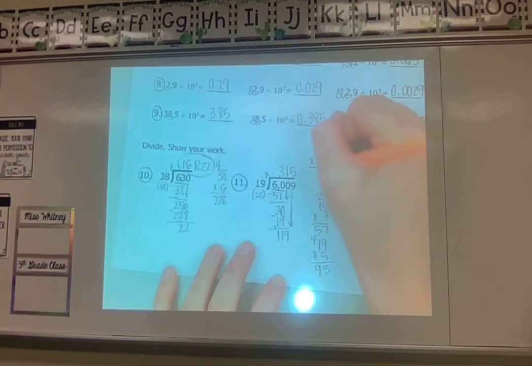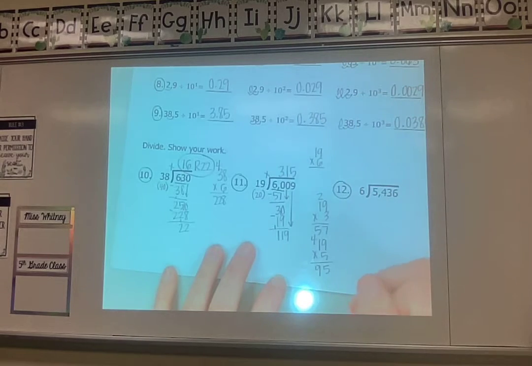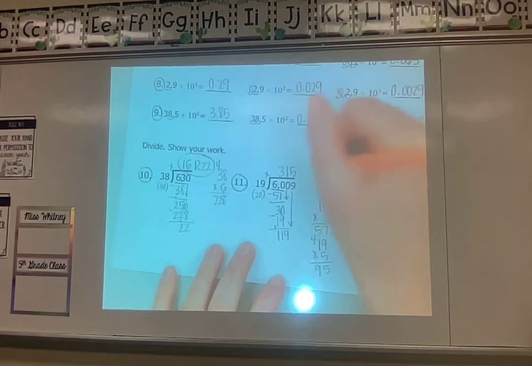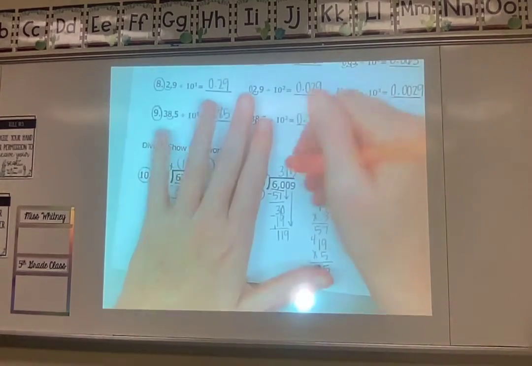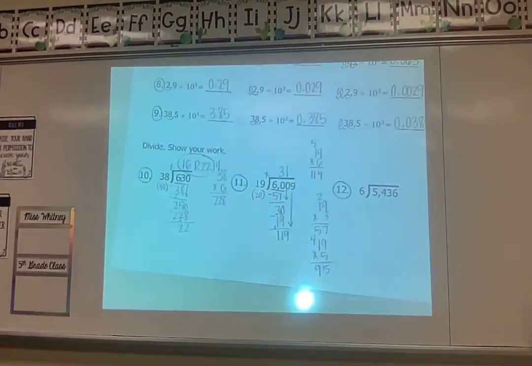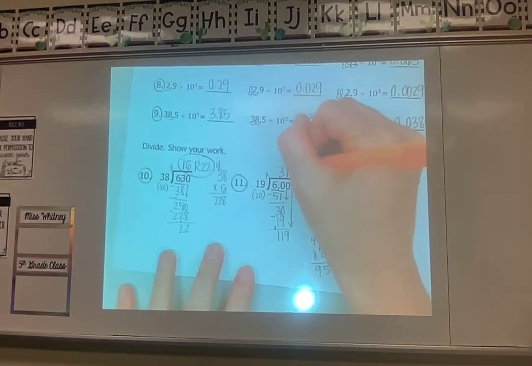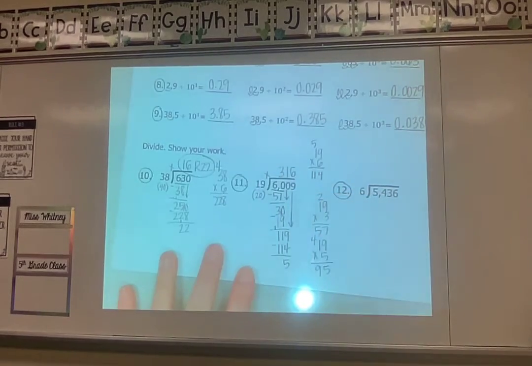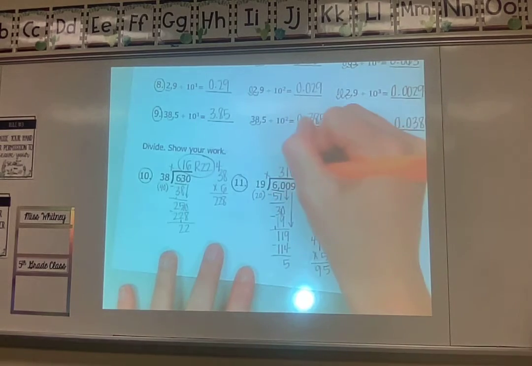Let's see. 9 times 6 is 54. And then that would be 6 plus 5 more would be 11. Yeah, it could go one more time. So I'm going to erase my 5 and change him to a 6 since we changed our mind there. And we're subtracting 114 since that's what that was, which would give me a 5. Nothing else to bring down, but again, there are no decimals here, so a remainder is okay. Remainder 5.